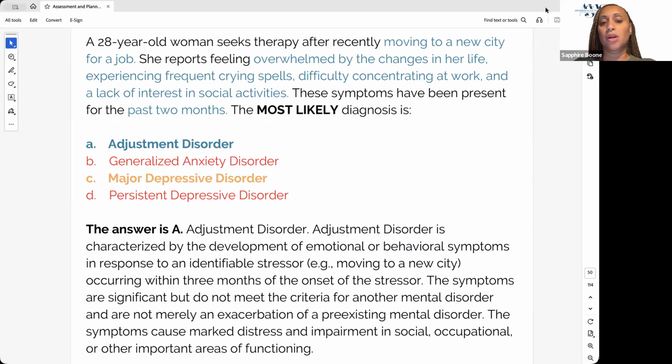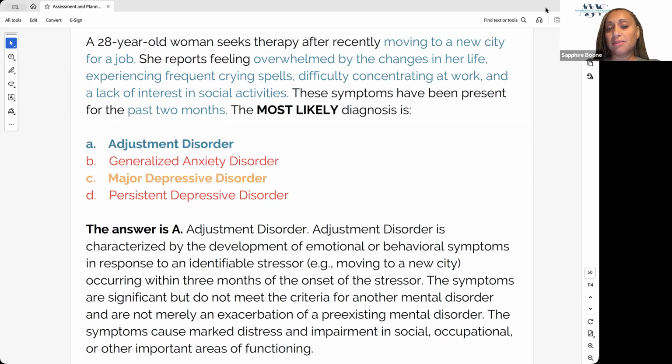Whereas adjustment disorder, we're not really looking at how many of the symptoms they have. We're not really checking off, okay, they have this one, this one, this one. It's more about, hey, we have this stressor, and they're reacting almost like a little too much, right, to what's happening. And it's within that time frame of the event that happened.